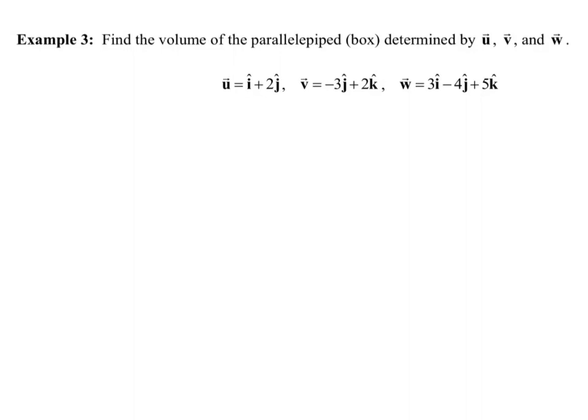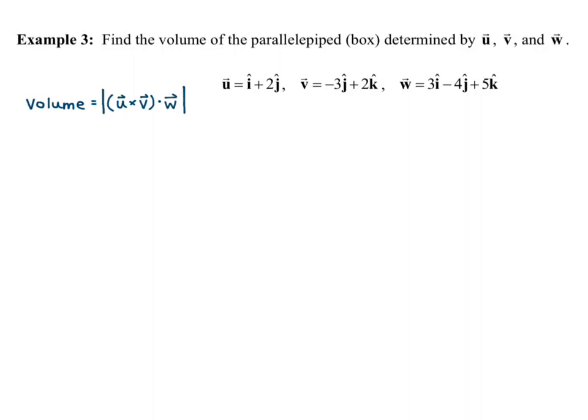Example 3 asks us to find the volume of the parallelepiped, or box, determined by vectors u, v, and w, where u is i plus 2j, v is negative 3j plus 2k, and w is 3i minus 4j plus 5k.